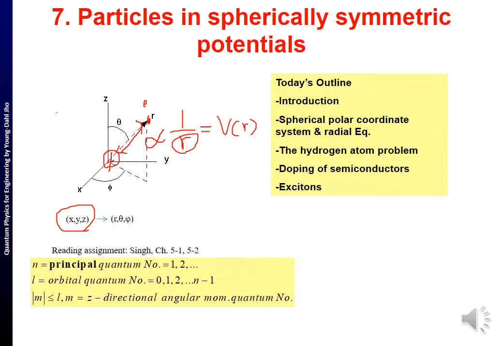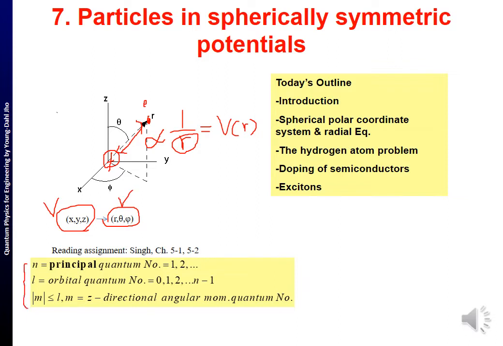So we change the coordinate to r, theta, phi, and we call this the spherical coordinate. And when you solve this Coulomb potential problem, you will have 3 different quantum numbers. Because it is a 3-dimensional problem, you should have 3 different quantum numbers.